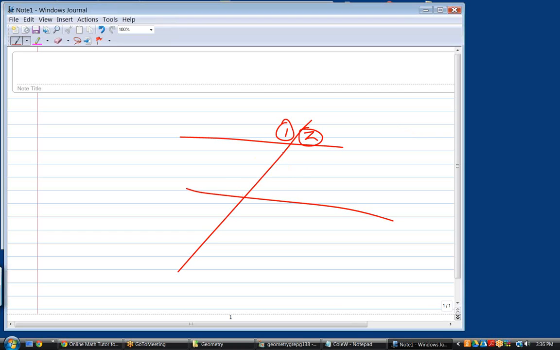And every other angle you see there, in other words, angle 1 is the obtuse, angle 2 is the acute angle. So this is obtuse, that's the same as angle 1, that's the same as angle 2, that's the same as angle 1, that's the same as angle 2, and so forth and so on. And that is true as long as those two lines are parallel.